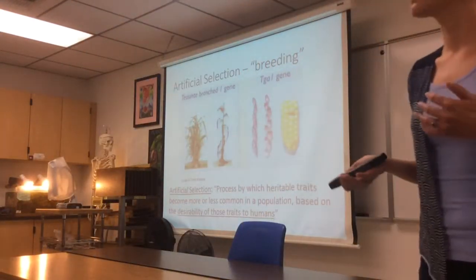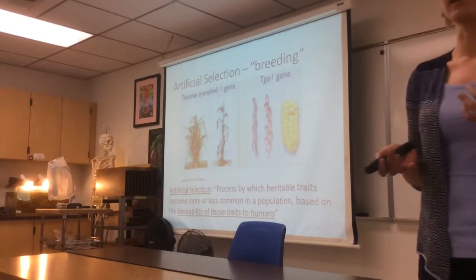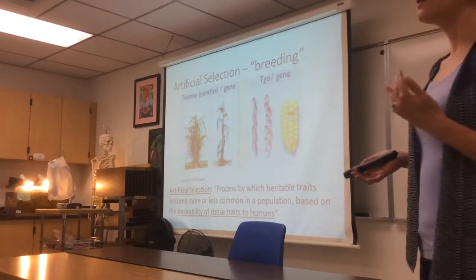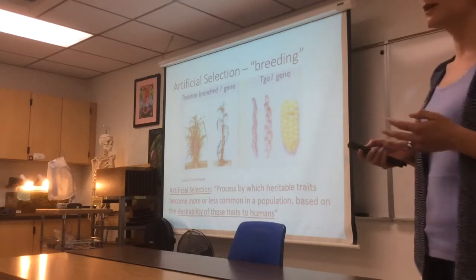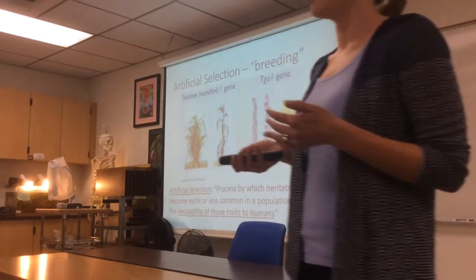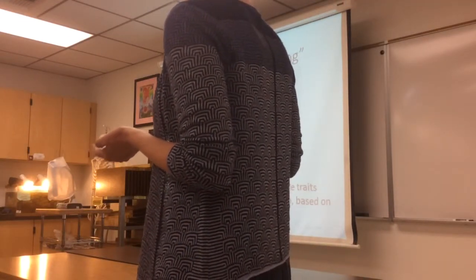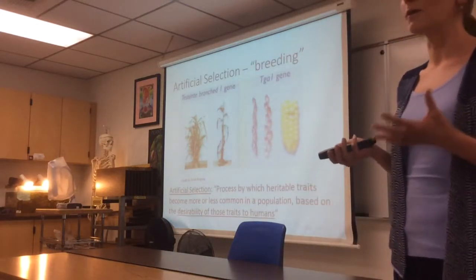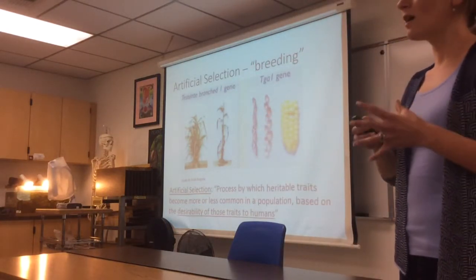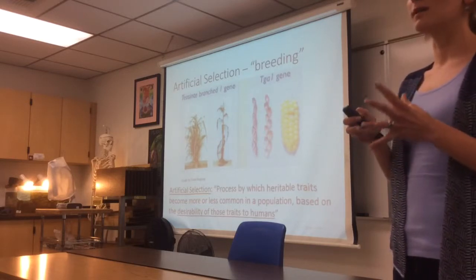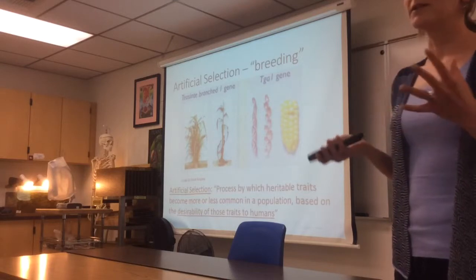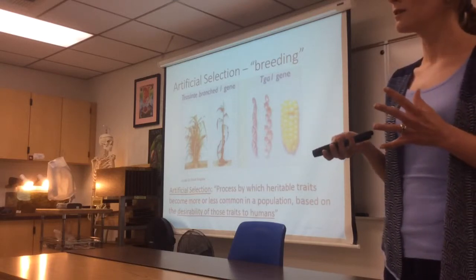In this case, it's humans putting the selective pressure on the different crops, and you can see that people selected for plants that are shaped in a way that are much easier to grow in an agricultural field. And then also people were selecting for food sources. So instead of teosinte, which are those hard, tiny, only a few kernels, more like modern corn, which are big and plump and juicy. So that was artificial selection.